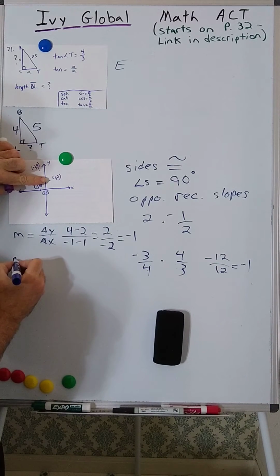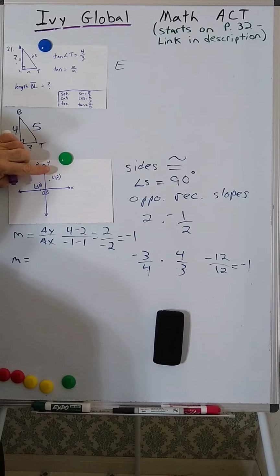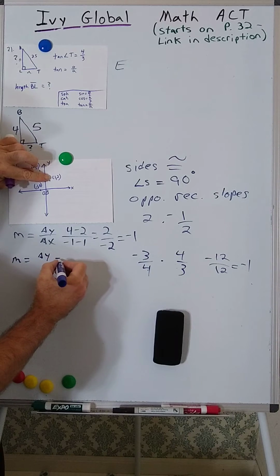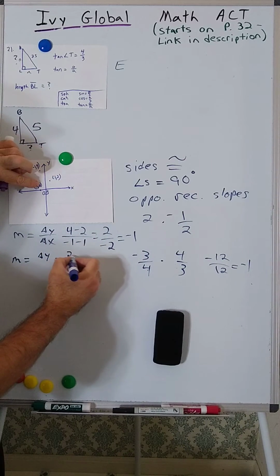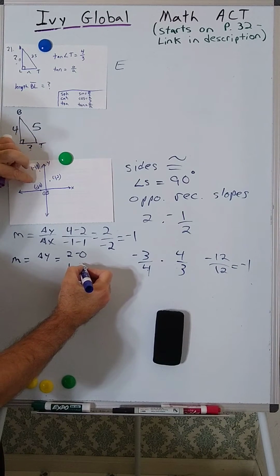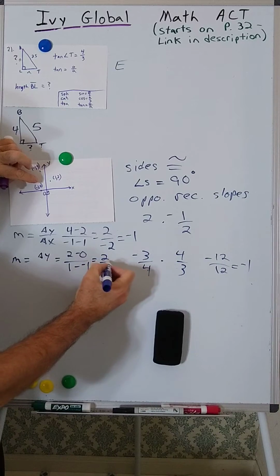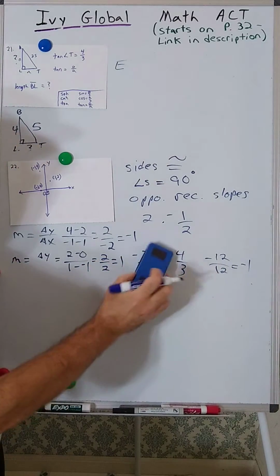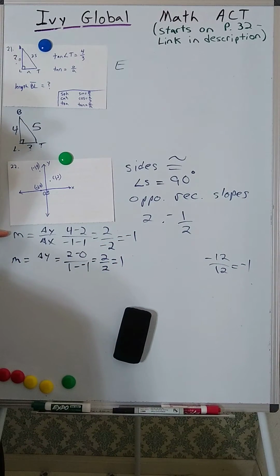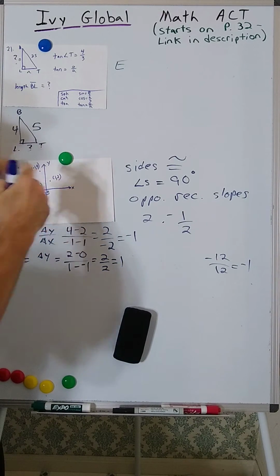And so let's find the slope. And we know that's the case, really, because we're told that these are 3 vertices of a square. So let's see, we find the change in y here, and that's 2 minus 0, and then 1 minus negative 1, so we get 2 over 2, and we see these two slopes are opposite reciprocals, so yeah, this side and this side form a right angle.